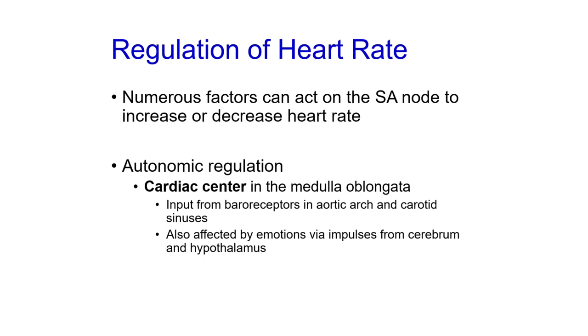It's also affected by your emotional state, and impulses from the cerebrum and the hypothalamus. So there are many, many factors that contribute to whether our heart is beating slow or fast.